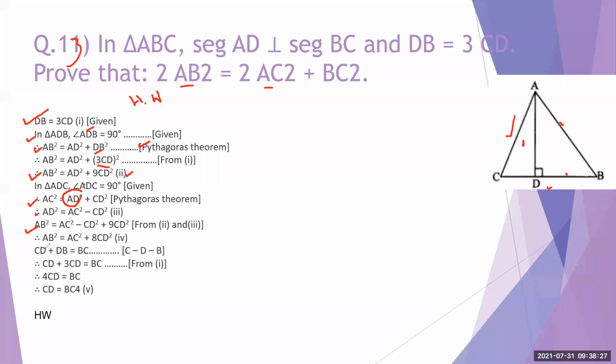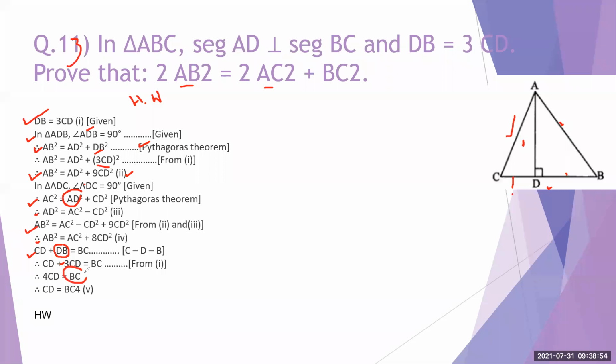Equation number 2 में substitute करने के बाद we get AB square is equal to AC square plus 8 times CD square. Now CD, this CD आपके पास क्या है? Actually CD plus DB is equal to BC. So from that again we know that DB is equal to 3 times CD. तो वही यहाँ पे put किया, we get the value of BC.